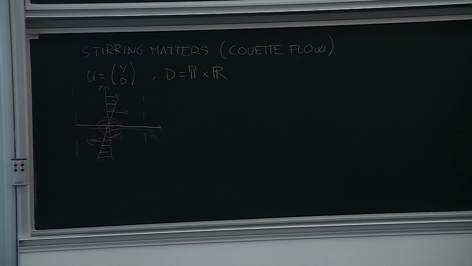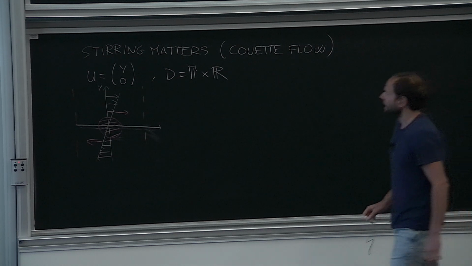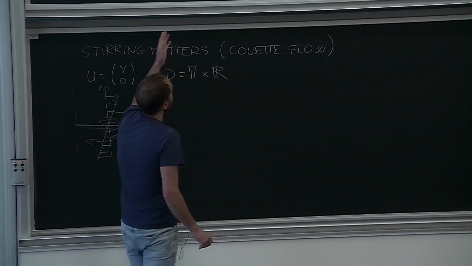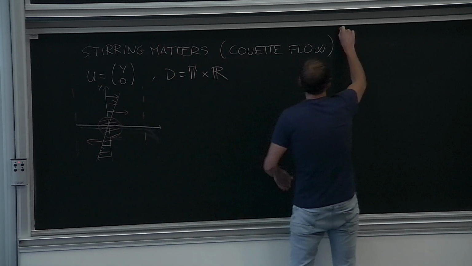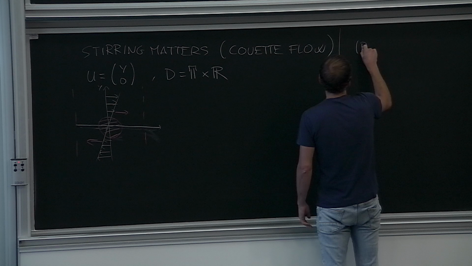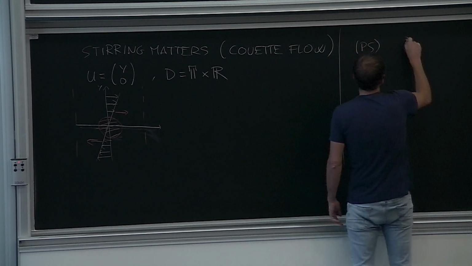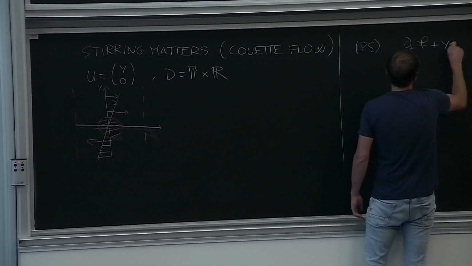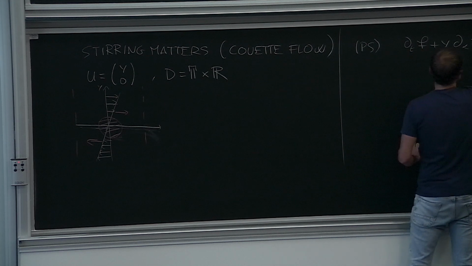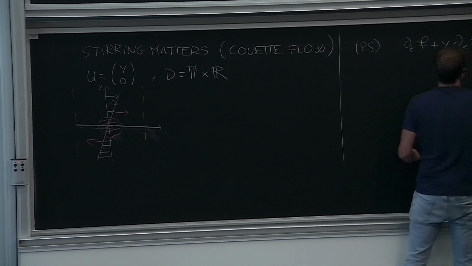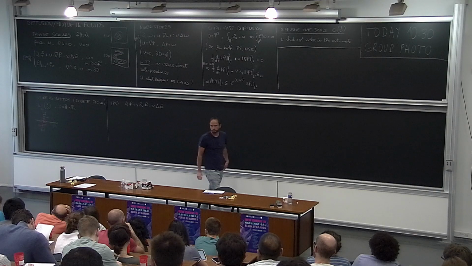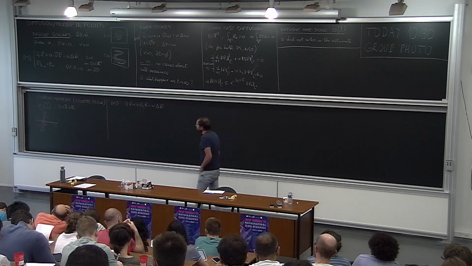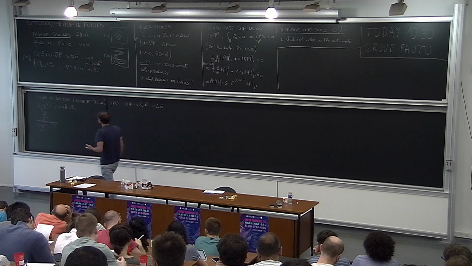That's what happens, and this is the action of this flow, and the equation becomes somewhat simple in the passive scalar case. The passive scalar equation becomes just this, y dx, that's the transport. For Navier-Stokes, what does it mean that I look at the Couette flow?